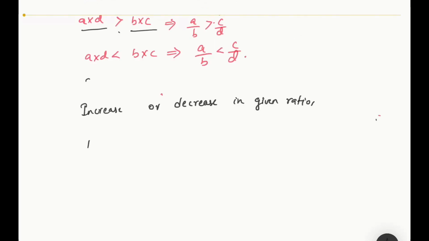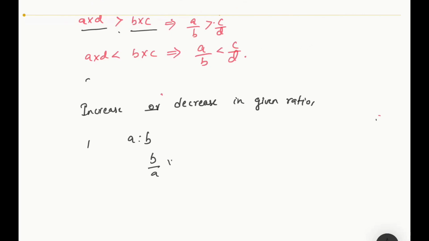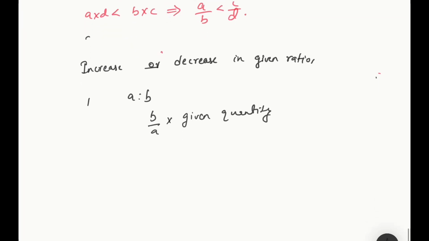If the given quantity is increased in the ratio A is to B, that is where B is greater than A, then the new resulting ratio will be B by A into the given quantity. That is the first condition.